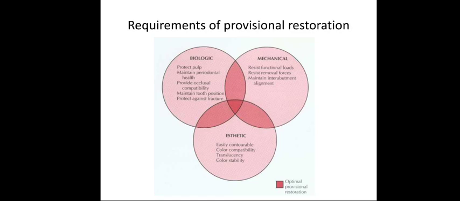The requirements of the provisional restoration are divided into biological, mechanical, and aesthetic. The biological is to protect the pulp, maintain the periodontium, also the occlusion and the tooth position, and to protect the tooth against fracture.